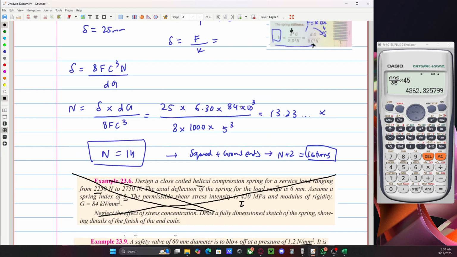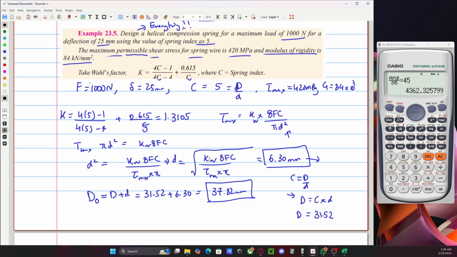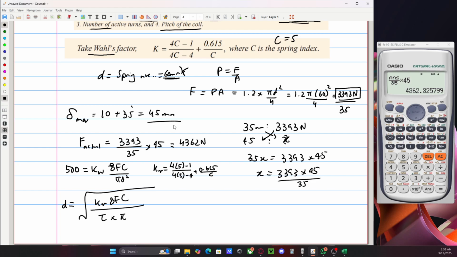Now we did this earlier, and it was 1.3105, so we're going to use the same one. So this will be equal to 1.3105 times 8, the force we're using is 4362 newtons, times C, which is 5, over tau, which is 500, pi.